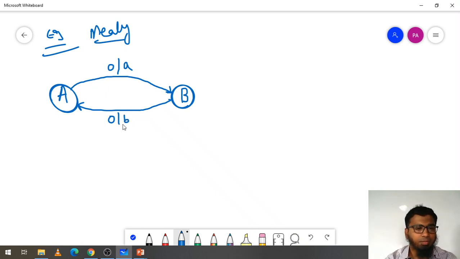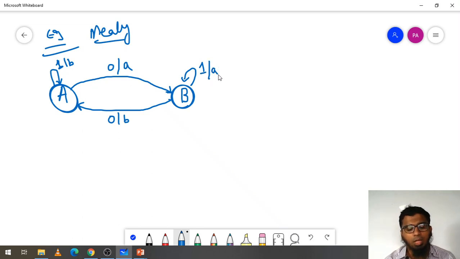Consider B. In the same way, if A on 1, the output is small b. Okay. If B on 1, the output is small a. So this is a simple design for the Mealy machine.